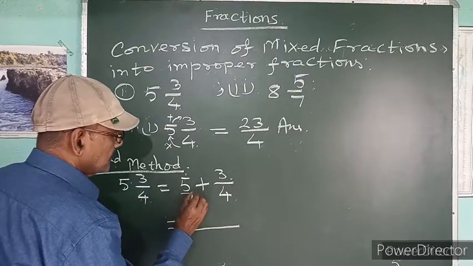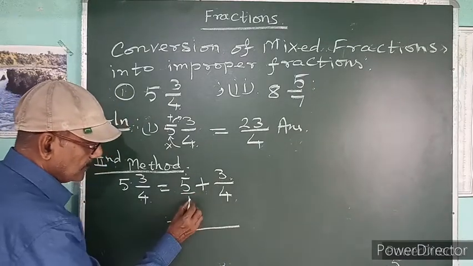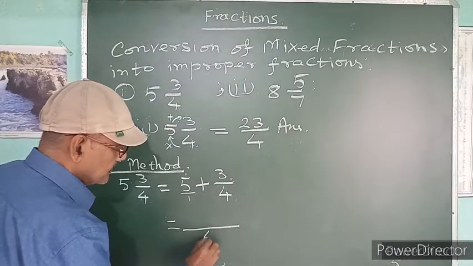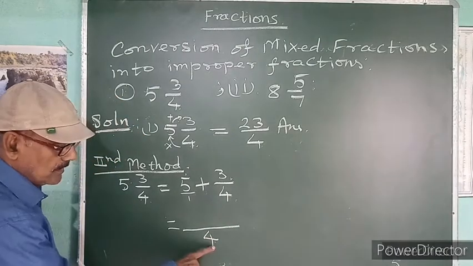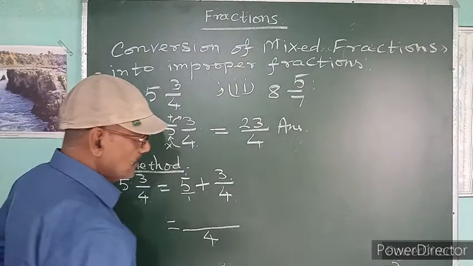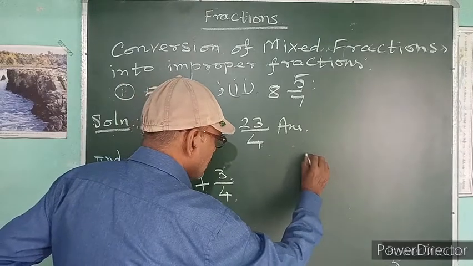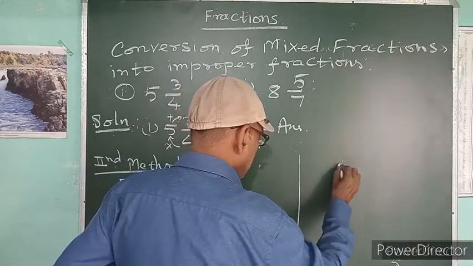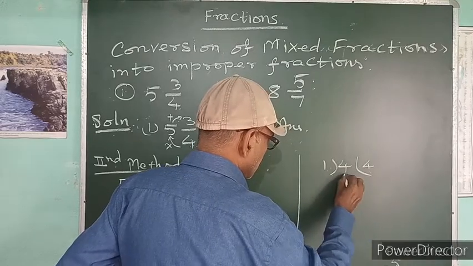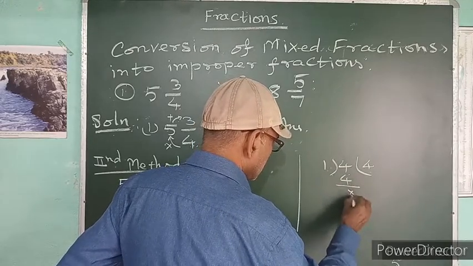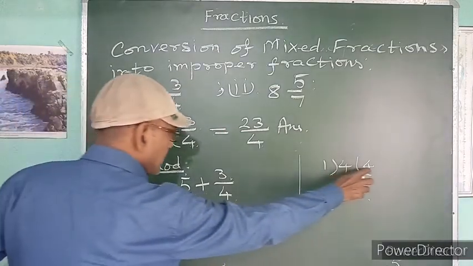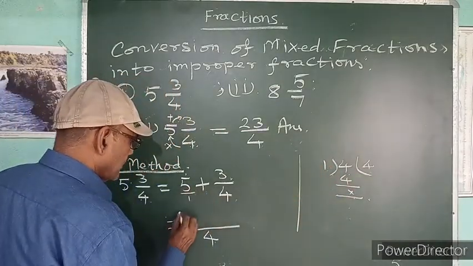So here the denominator is 1. Take the LCM of 1 and 4, which is 4. Divide 4 by 1. It will go 4 times. The remainder is 0.